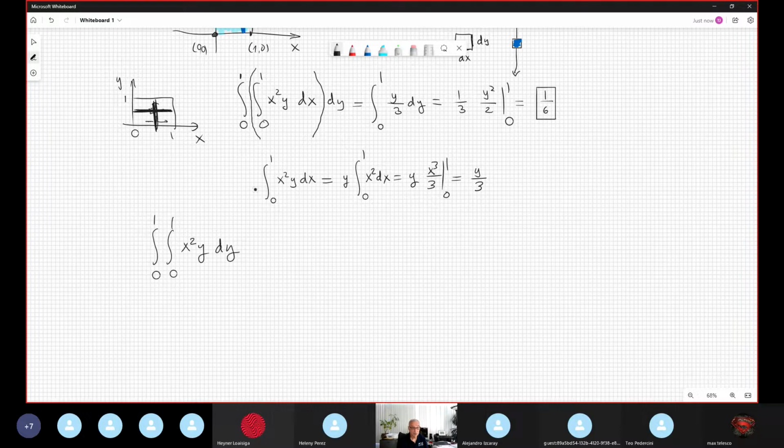I put the y first and the x secondly. So I focus on this integral first. I copy separately, of course. Integral from 0 to 1, x squared y dy. In this case, the consideration is that x is constant. So you put it outside.